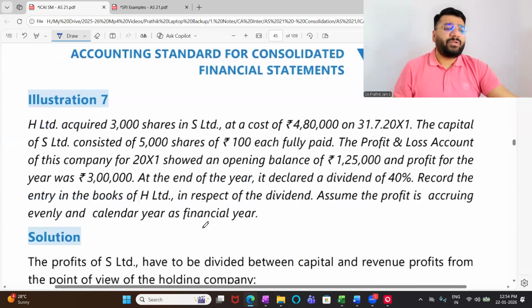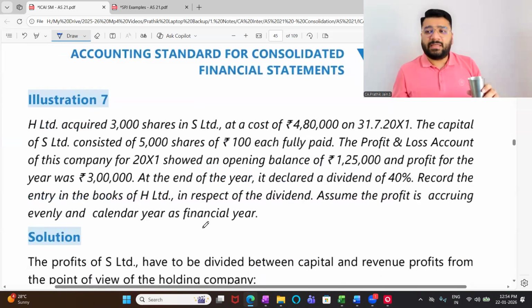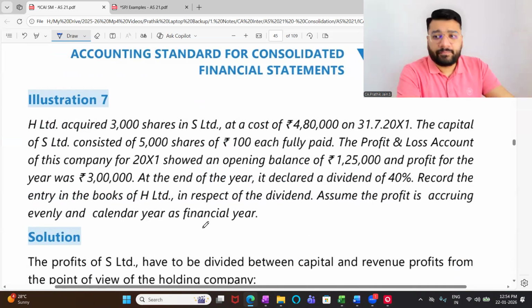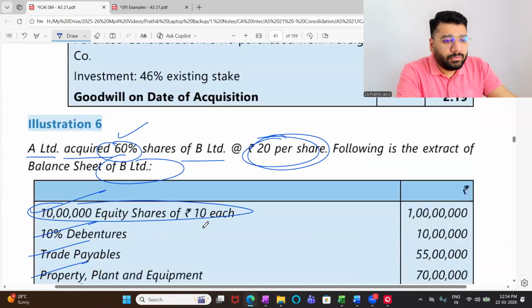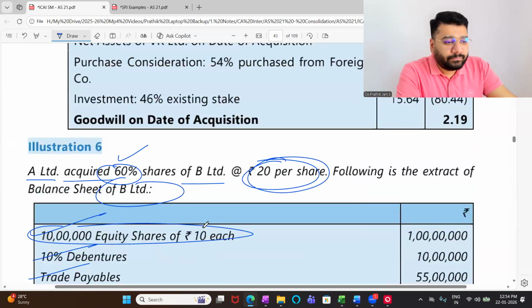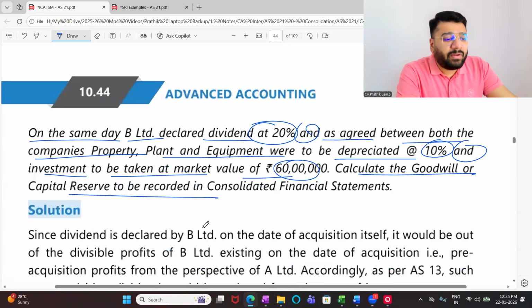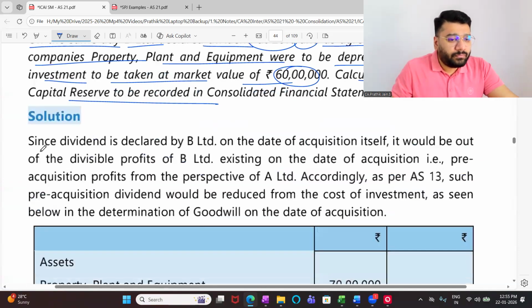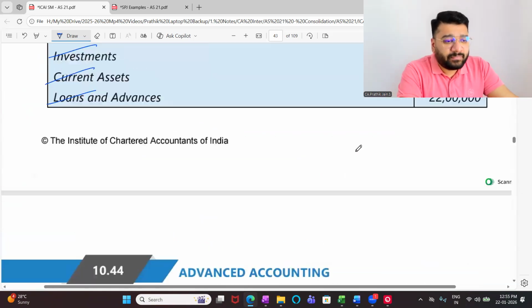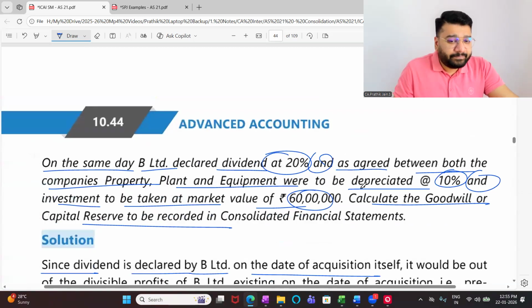Now let's do seventh question. This is a little challenging. Please concentrate. Date of acquisition is not given. Now, since dividend is declared by B Limited on the date of acquisition itself, when is the dividend declared? On the same day declared.